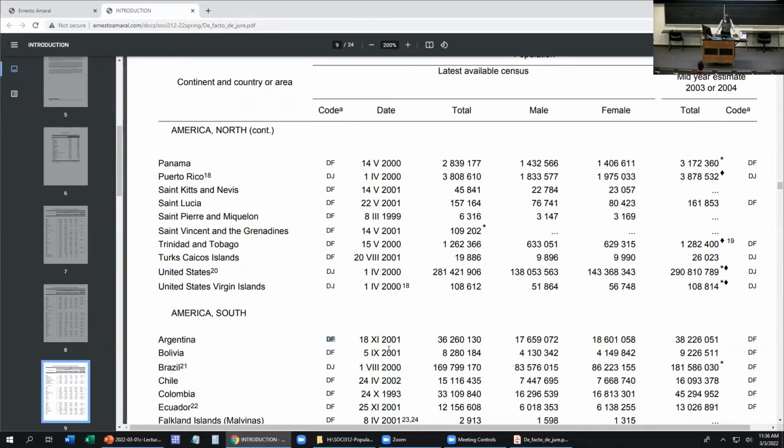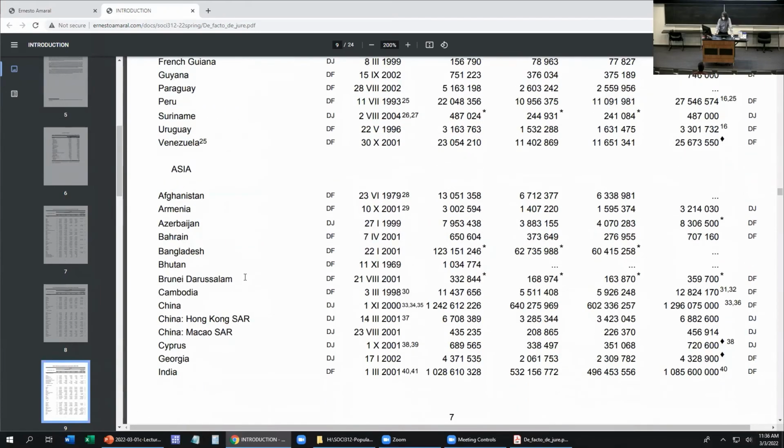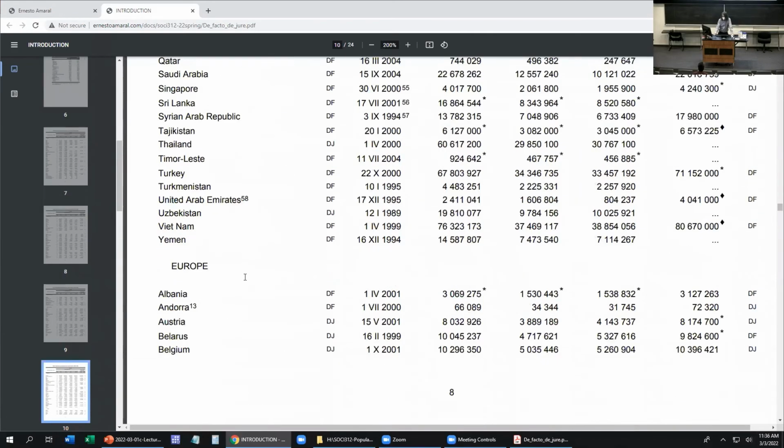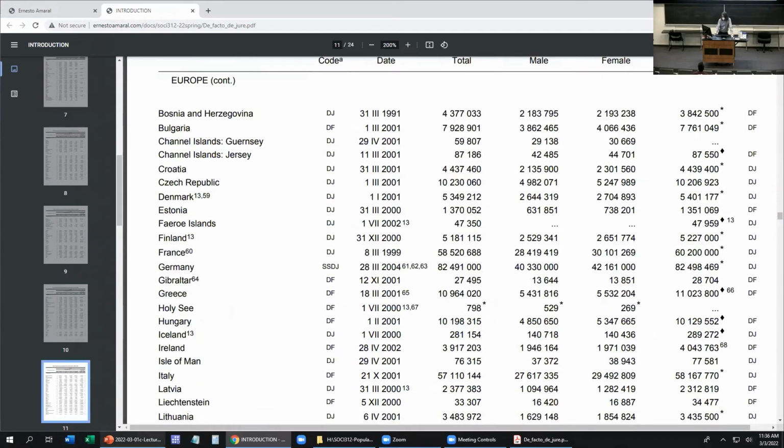Argentina is a de facto, and that's November 18, 2001, okay? So all these different dates of reference and styles of census, de facto or de jure. That's the reason I put this document here, so you can see the differences across countries in the style of the census. Cool?